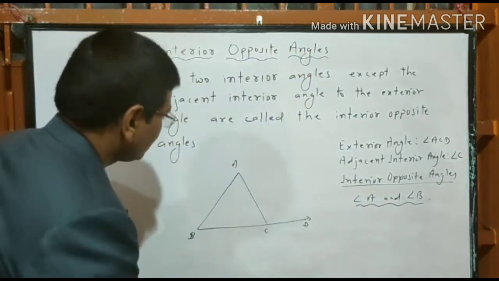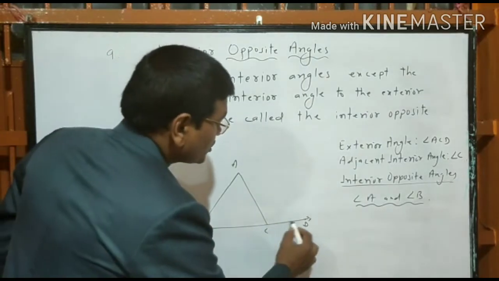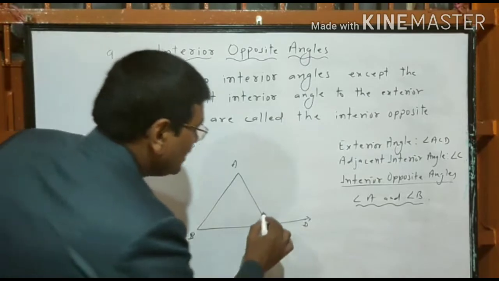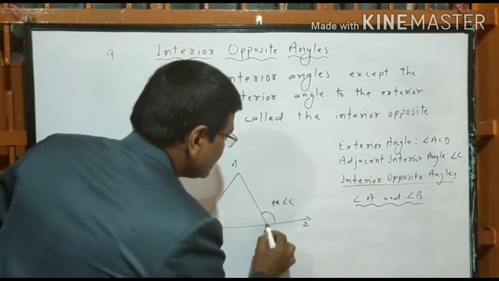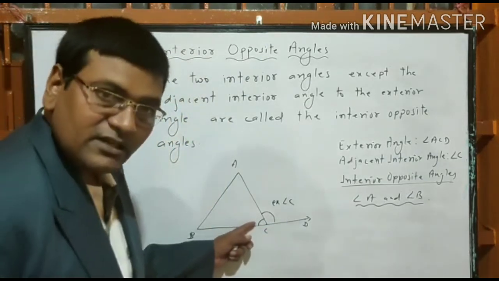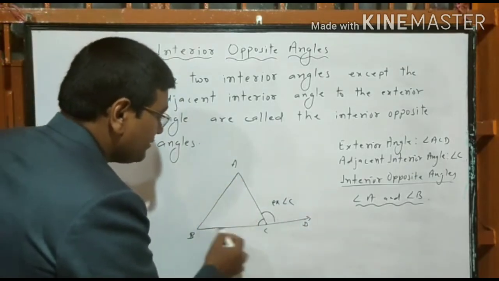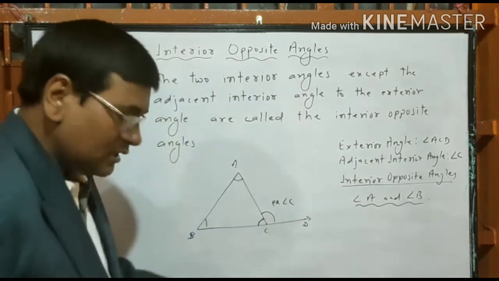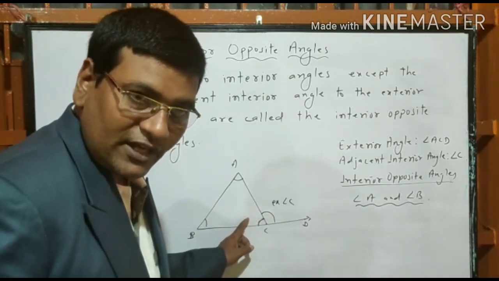Next point is interior opposite angle. Look here. This is a triangle ABC and produced side is BC to D. This is exterior angle C. Now this one is adjacent interior angle and there are three angles A, B, C. Leave this angle C, interior adjacent angle.